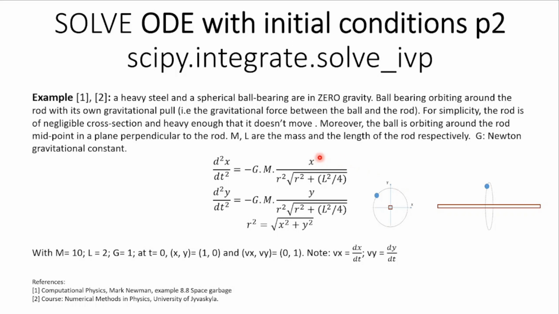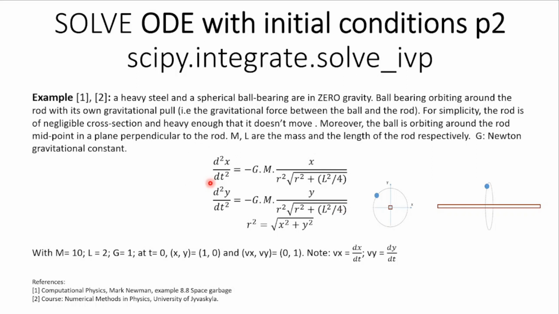We need to find the trajectory of the ball when it only experiences the gravitational force between the ball and the rod, without the gravitational force of the earth, like zero gravity from the environment. From all of those assumptions and conditions, they derive this system of equations.